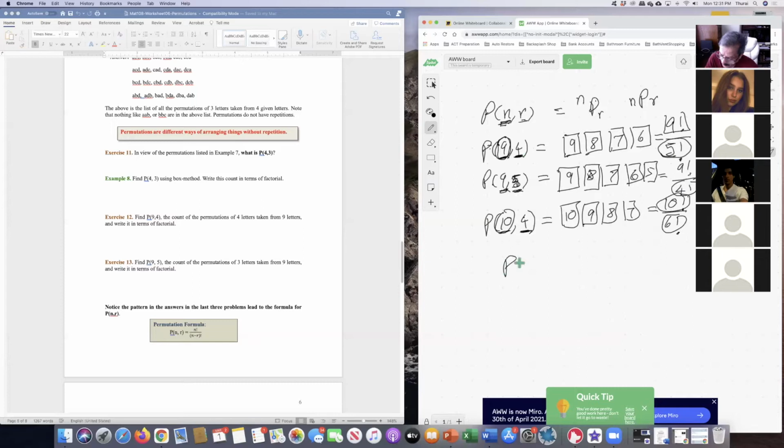So basically what I'm showing you is that P and R is the same as factorial n in the numerator, factorial n minus R, this minus this, in the denominator. That's how they are happening. You can see the pattern. So this is our formula.